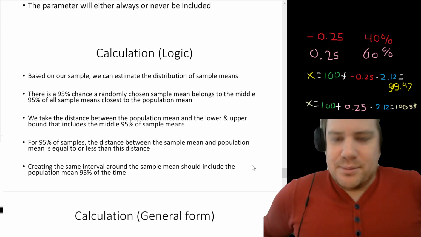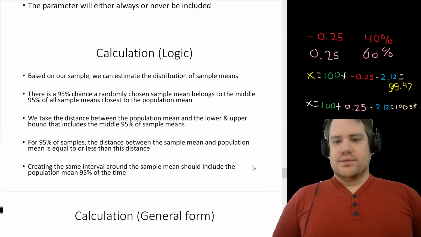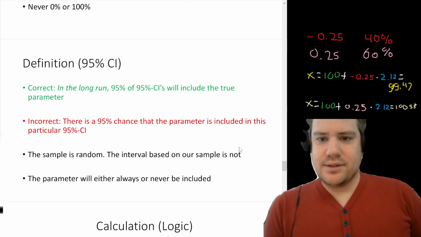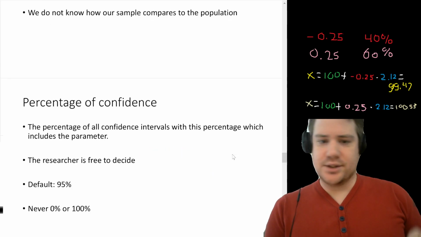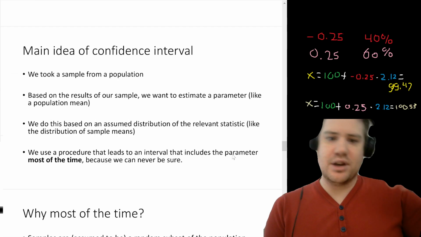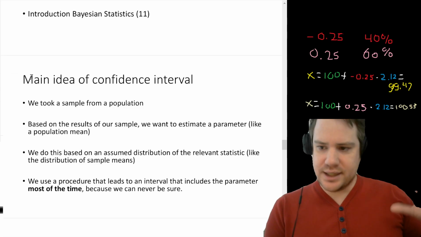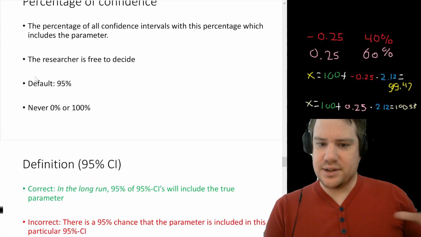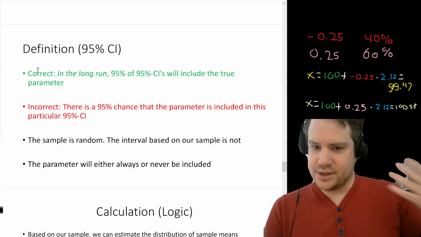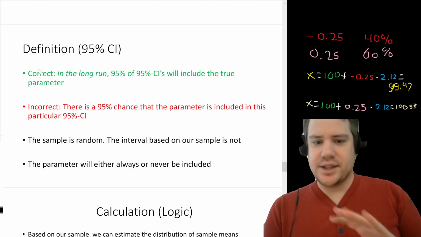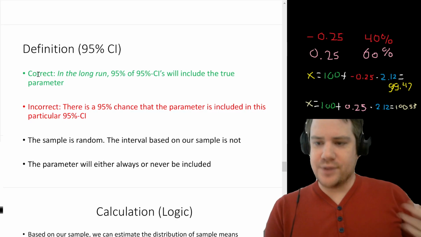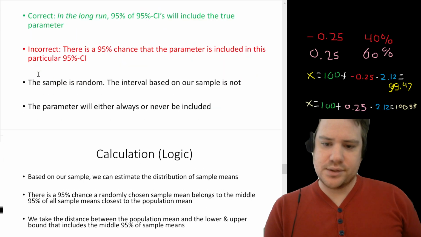So now that we have a better idea of the logic behind it, by the way, this always applies. So even when you go into the future, these ideas and the way confidence works and the definition, how to interpret it, these things apply forever. This is just fundamental to confidence intervals.